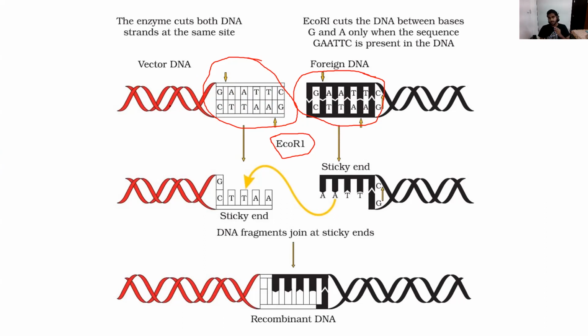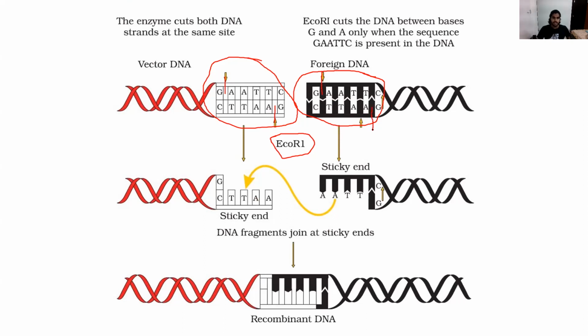So I can revise the definition a little bit. These cut the DNA at specific, well-defined sites in a specific manner. So you will always have EcoR1 cut between G and A, and here as well, between G and A. There's a small mistake in the textbook.